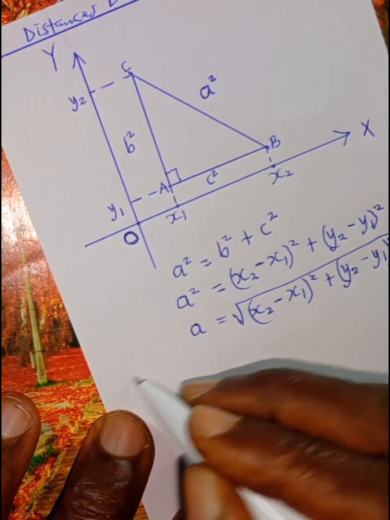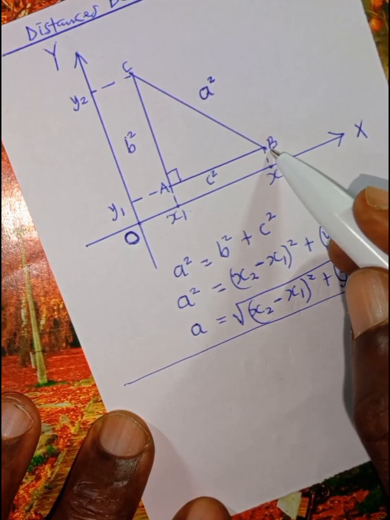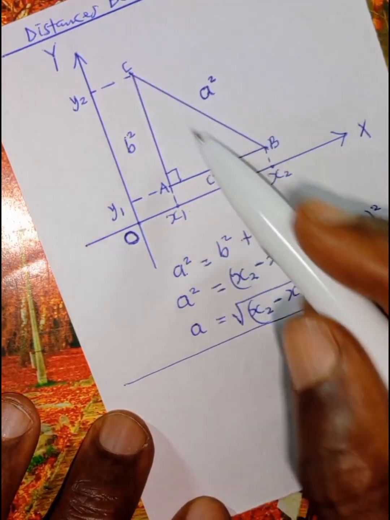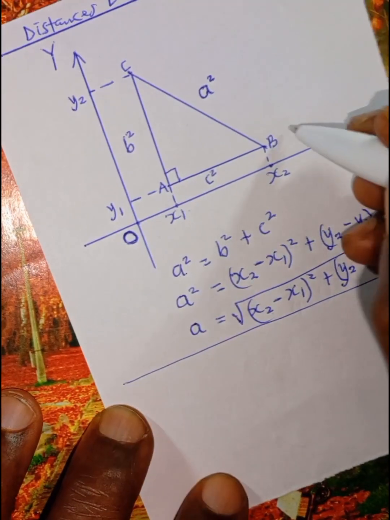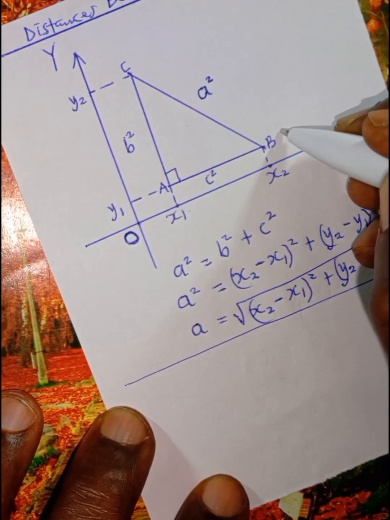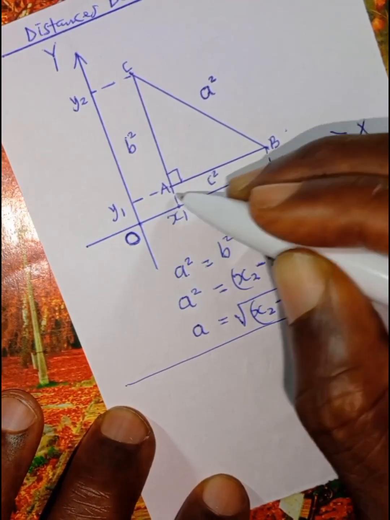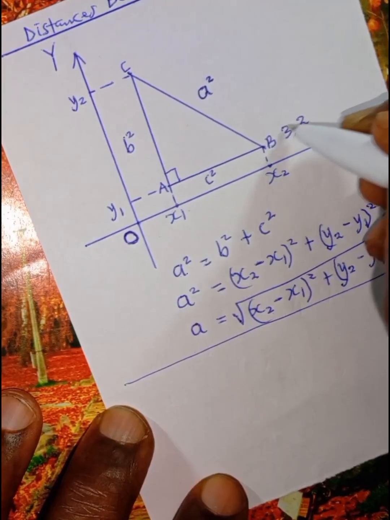So in calculating this distance, let us assume that our point B and our point C are what we want to calculate. Let us assume that our point B is 3, 2.